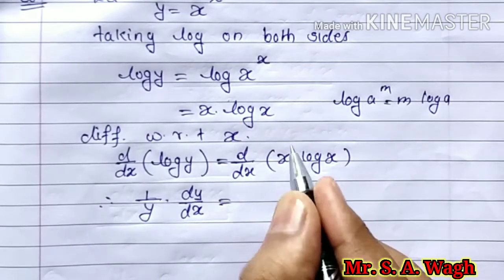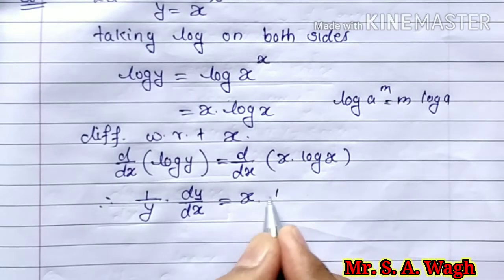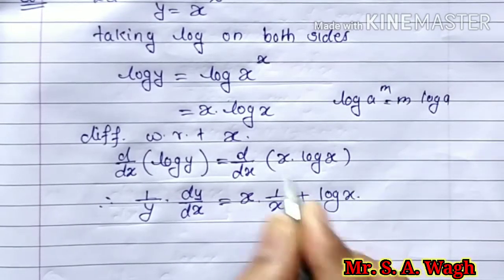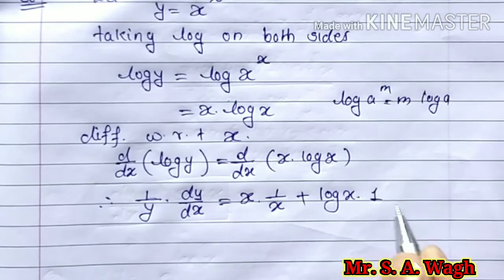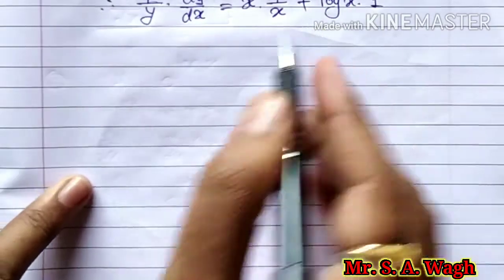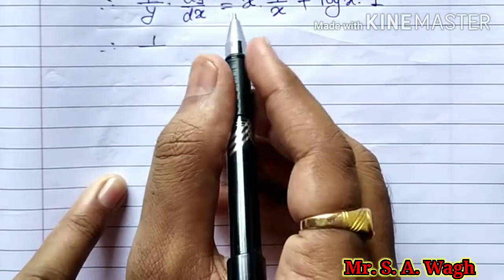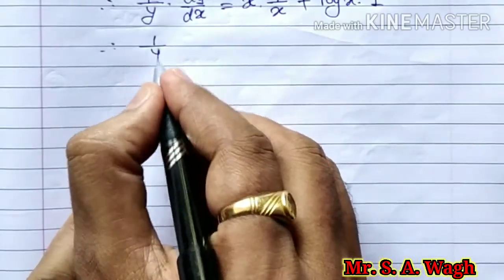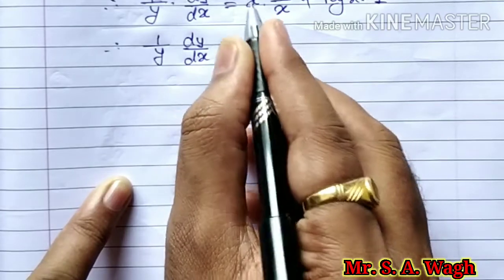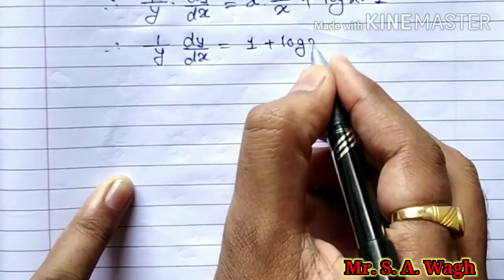And the derivative of x log x: first function x, derivative of log x, that is 1 by x, plus log of x into the derivative of x, that is 1. So we have applied here the u into v rule, and so 1 upon y into dy by dx can be written as, this x gets cancelled, remaining 1 plus log of x.